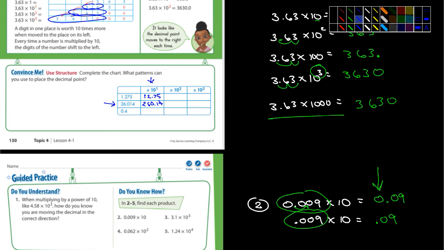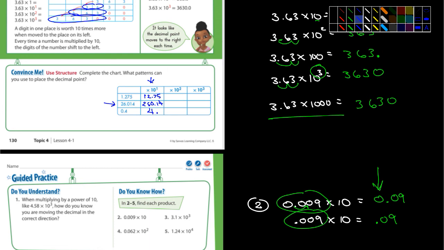Where's the decimal right now in the 0.4? Yep. Where should it go? Behind the 4. So it becomes 4. Now you could put 4 with the decimal, but again, in whole numbers, we don't bother putting the decimals down. We just know what's there. Okay, so it just becomes 4.